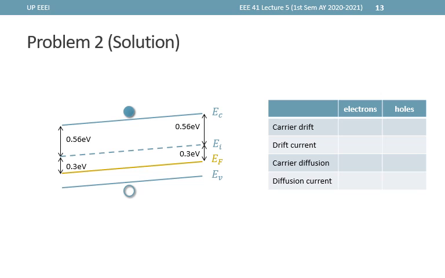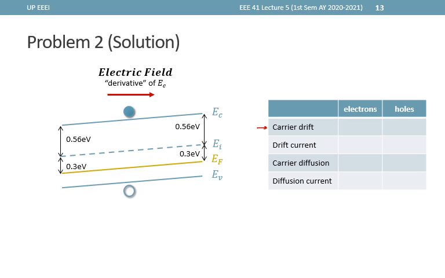Starting first with carrier drift, to determine its direction, carriers are drifting based on the electric field, and therefore we need to identify the direction of the electric field. However, the electric field is simply the derivative of the energy band diagram, or EC, and since EC is linear upwards, then the electric field must be rightwards, or positive.